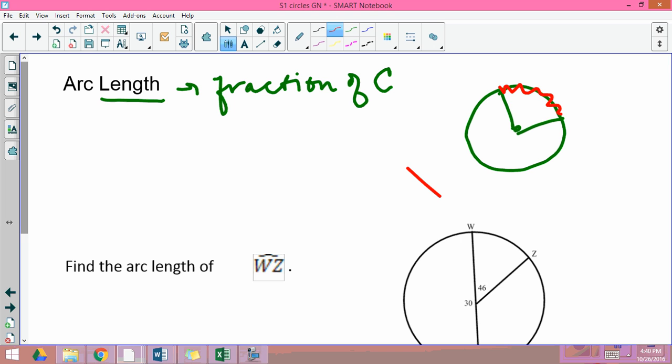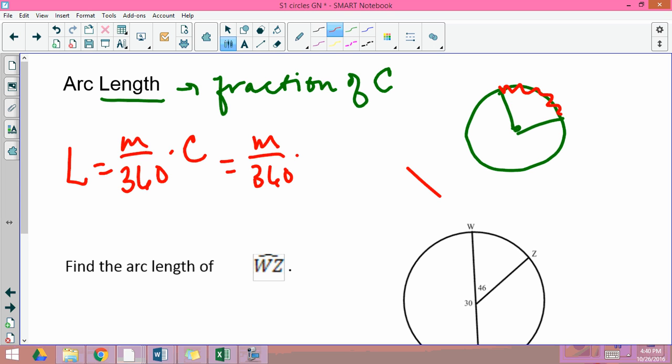So arc length is equal to the measure of the central angle divided by 360 times the circumference, which means the measure divided by 360 times pi diameter. Fraction times a fraction, we make it over 1.